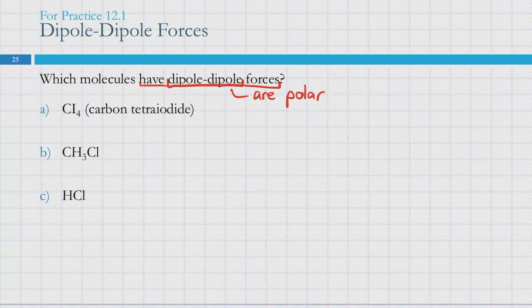Is carbon tetraiodide polar? How many bonds does carbon like to form? Any ideas? It is 4. It's got 4 iodines on it. It's not going to have any lone pairs because it's carbon. It's small. It can't have an expanded octet. So carbon tetraiodide is a carbon in the middle with the 4 iodines attached to it.